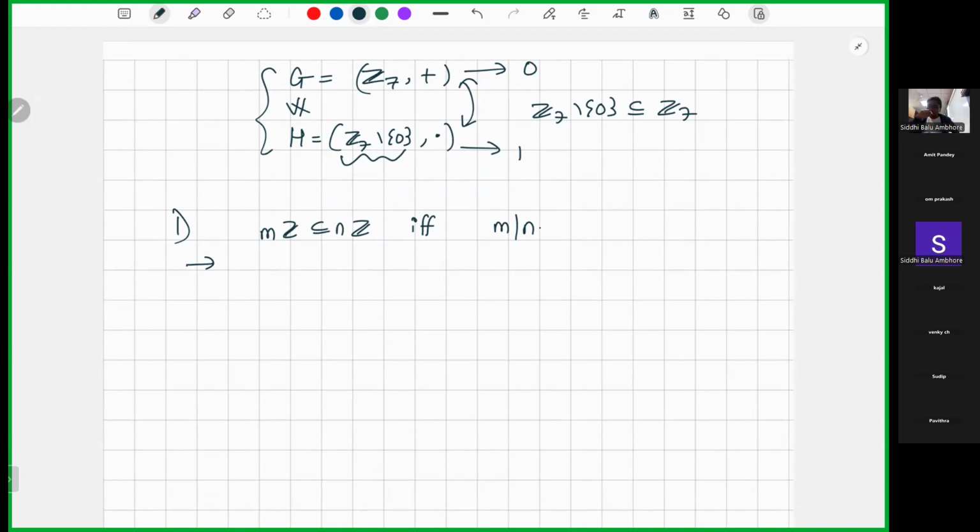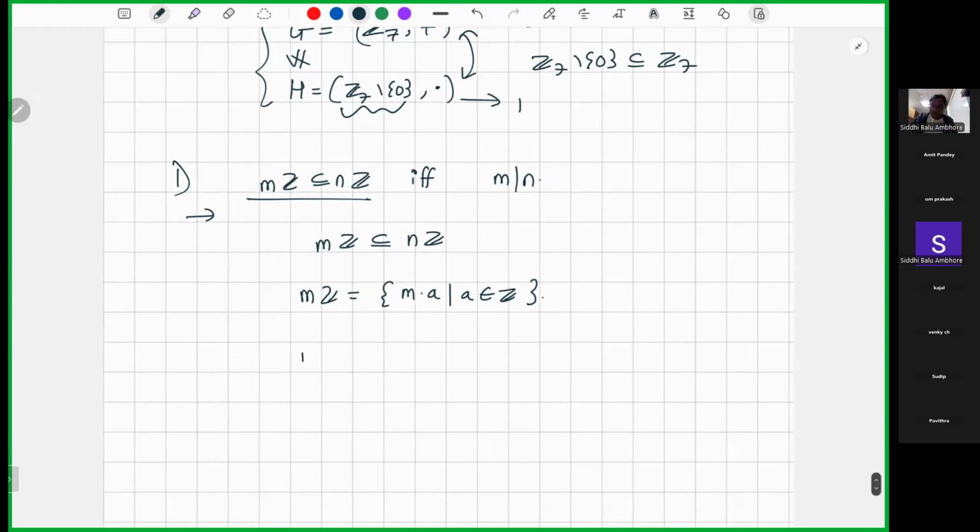First of all, note what mZ is. It is just m times a such that a belongs to Z. So it is the multiples of m in Z.